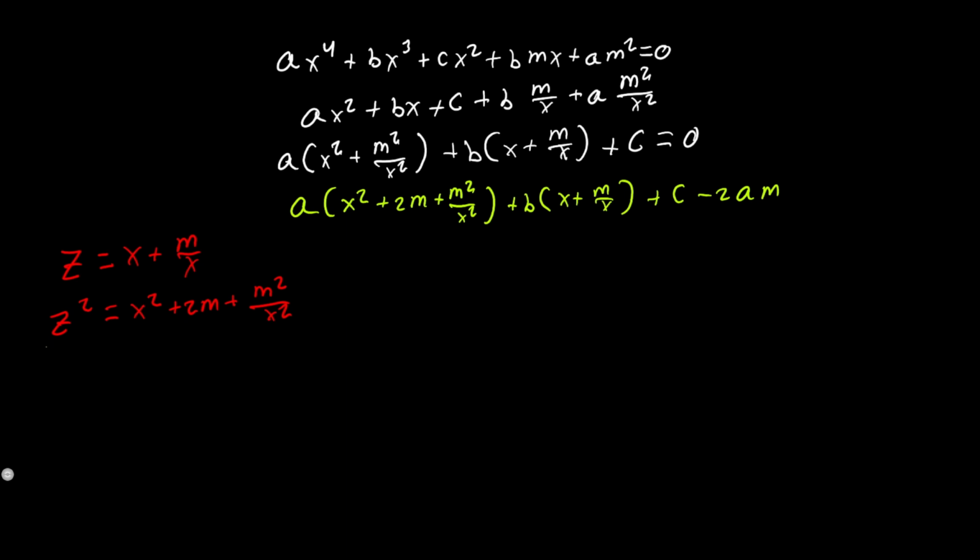So now we could use z and replace everything inside the parentheses with a z, so we have a quadratic: a z squared plus b z plus c minus 2am is equal to 0.